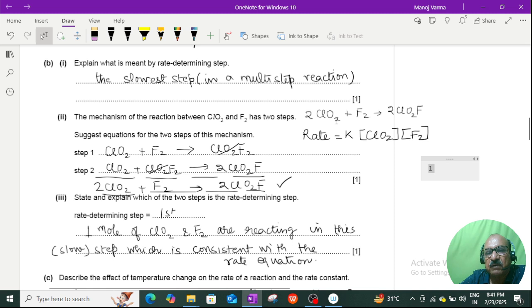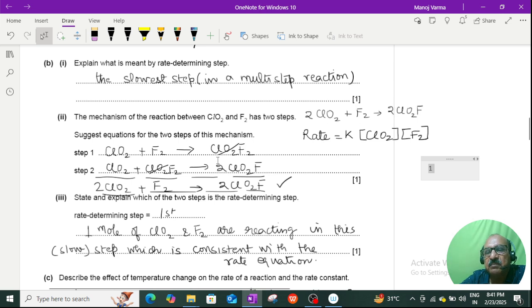so that we are in fact reacting 2 moles of ClO2 in the final equation. So this F2 has already been included, and then finally we should get 2 moles of ClO2F, which you can write over here, and these two terms get cancelled, and upon addition we get 2 ClO2 plus F2 gives you 2 ClO2F, which is consistent with the final equation given.